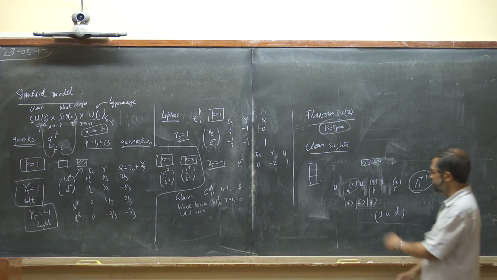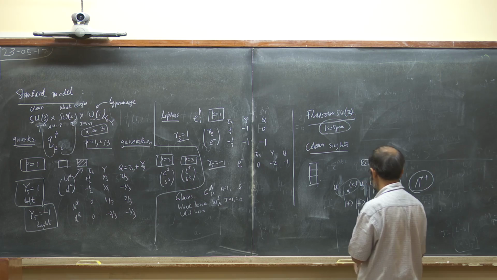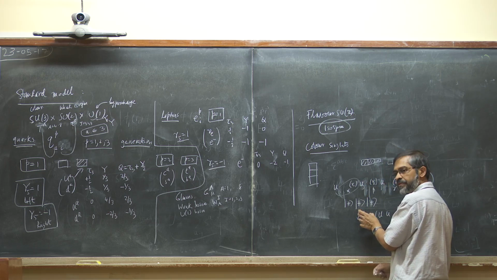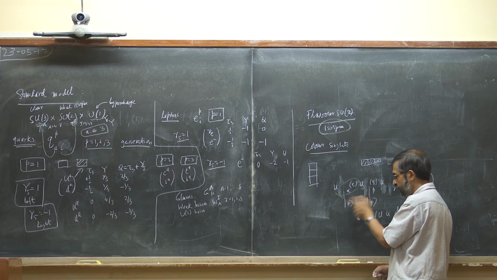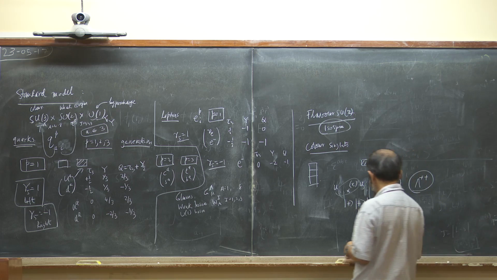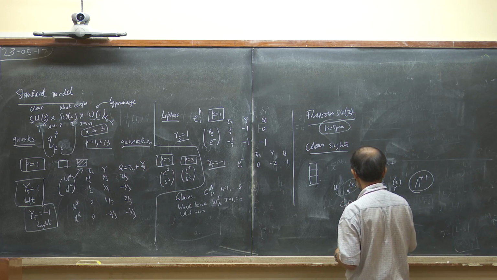One is you can start from here and you can take the lowering operator of the weak SU2 on this, and so let me rewrite this. So this is U plus and U plus.